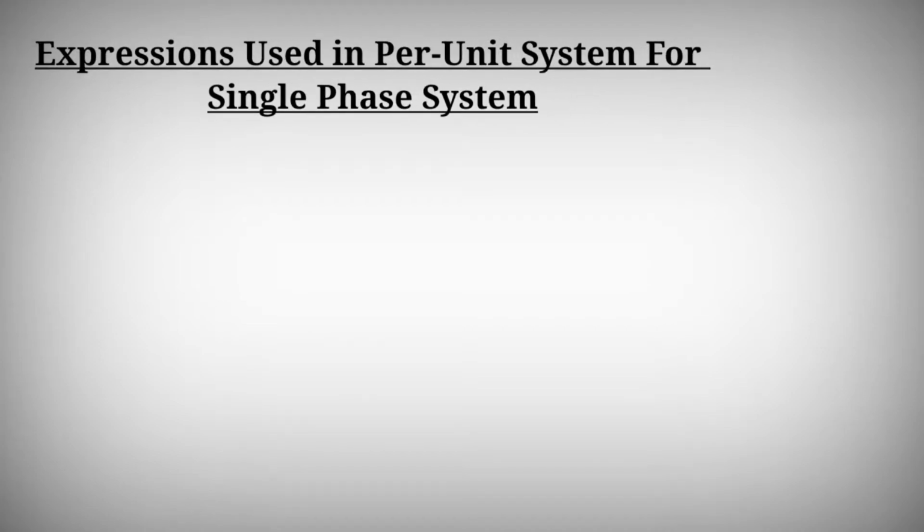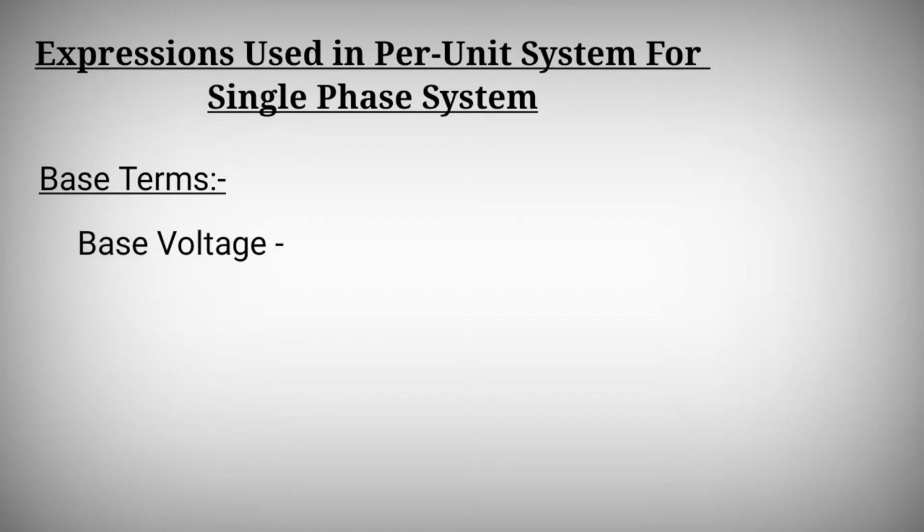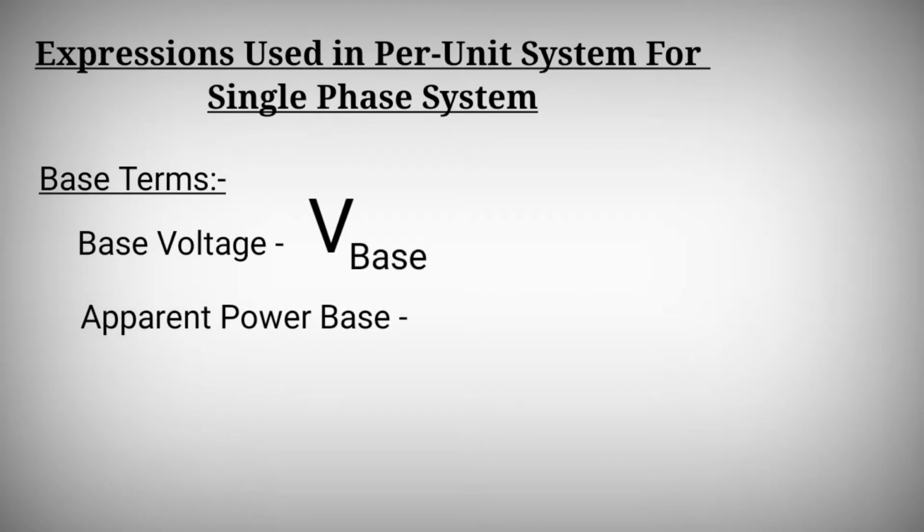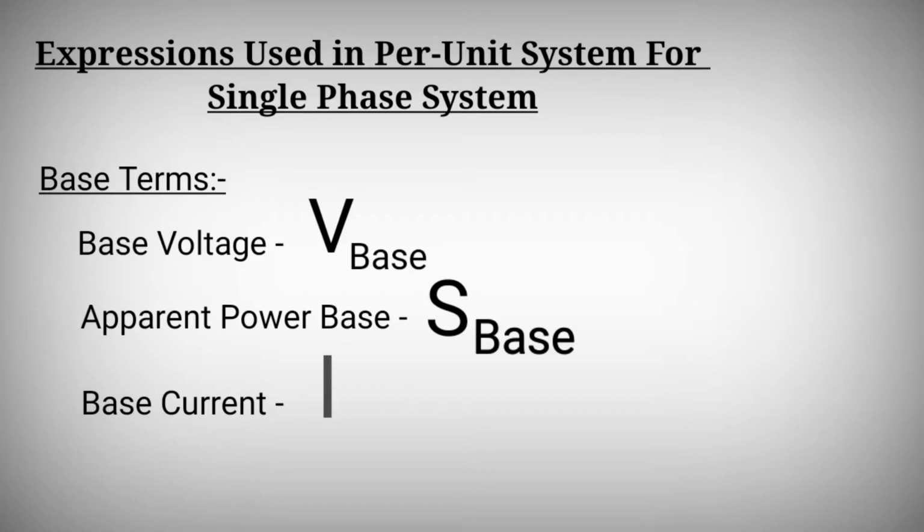Then coming to the expressions used in per unit system for single phase system, consider the base terms. Base voltage, V base, that is V suffix base, is the representation. Apparent power base is represented as S suffix base. Base current, I base.